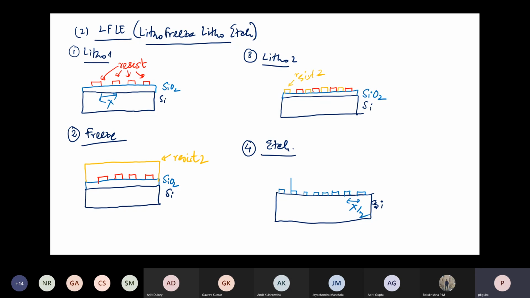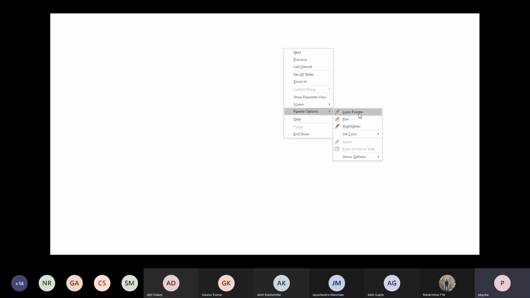And the third technique which I would like to discuss now is known as SADP. This SADP technique probably we have used when we were discussing FinFET. SADP is self-aligned double patterning.